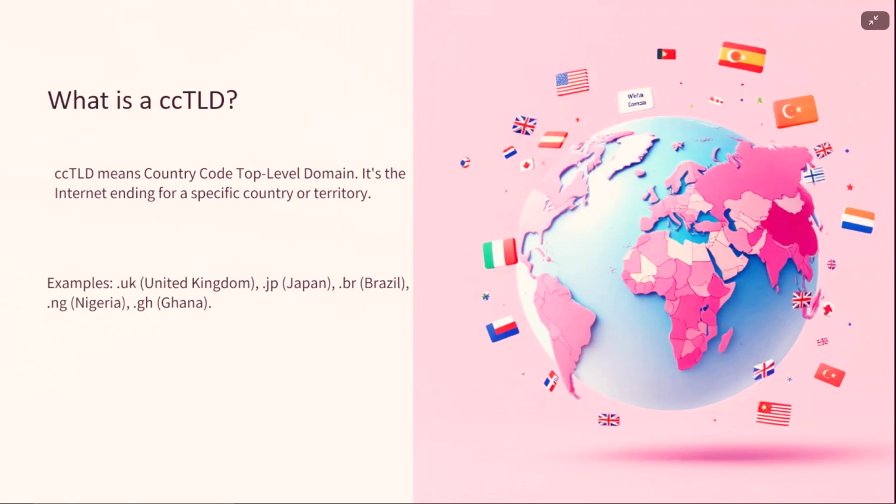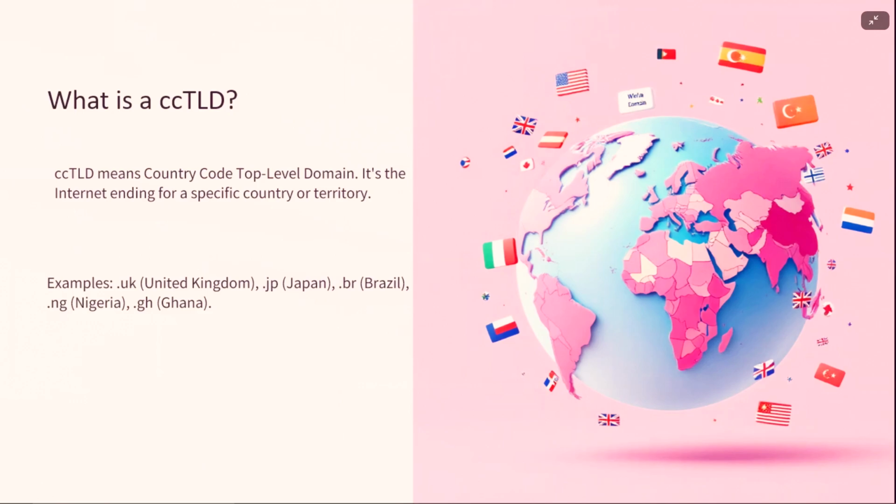The definition of what a ccTLD is, like you can see on the screen: ccTLD basically means a country code top level domain, and it's the internet ending for a specific country or territory. So if you say top level domain name for a country, we are talking about the names that represent a country.